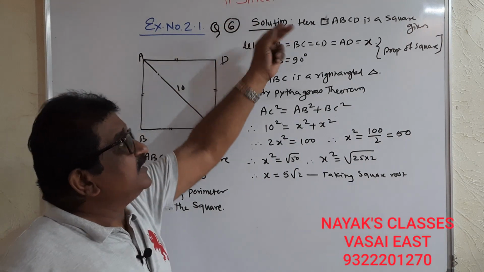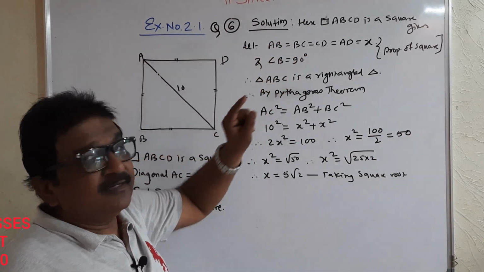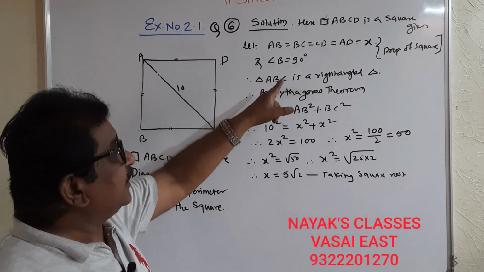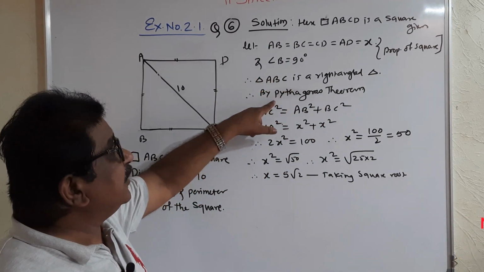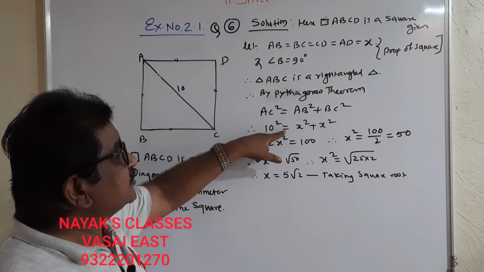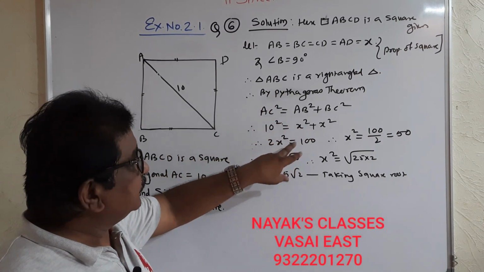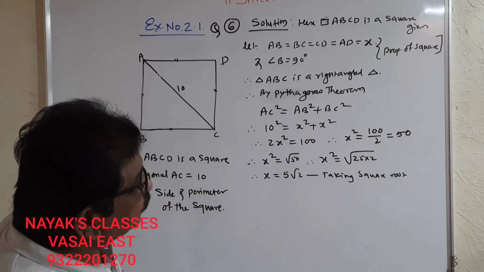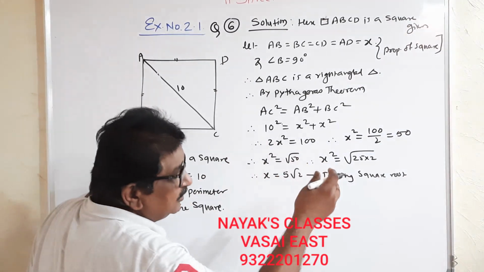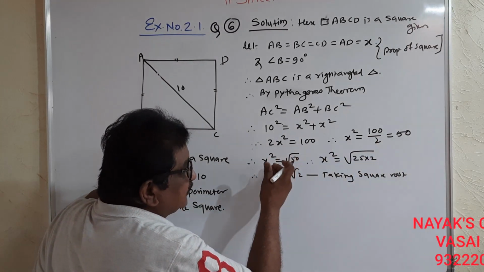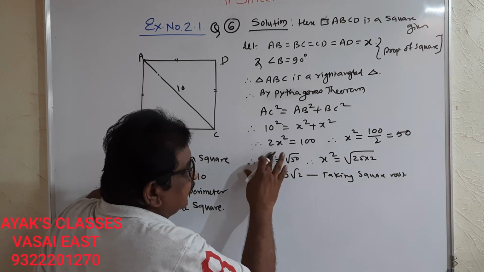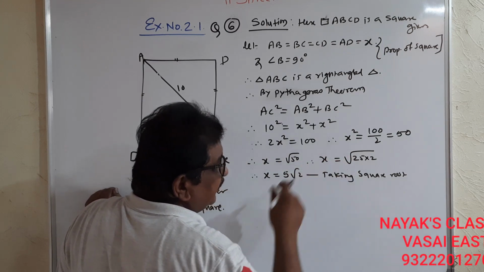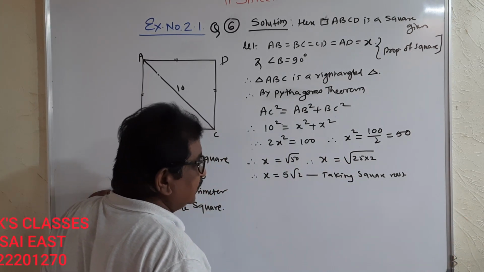Again I am explaining: ABCD is a square, so all sides are equal. Let them be x. Angle B is 90 degrees. We can apply Pythagoras theorem. Applying it, we got 10 square is equal to 2x square, and 2x square is equal to 100. So x square is equal to 50, x is equal to under root 50, which is under root 25 into 2.